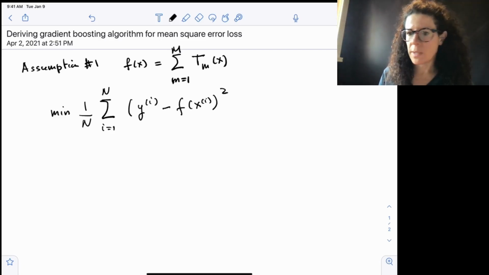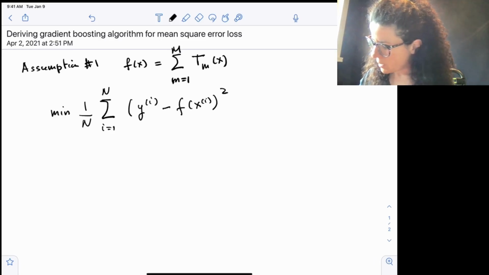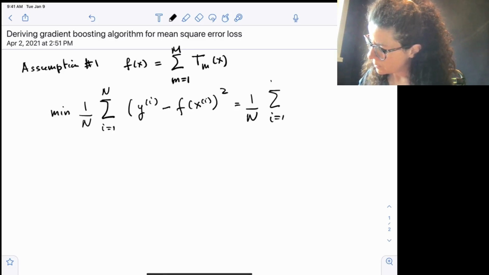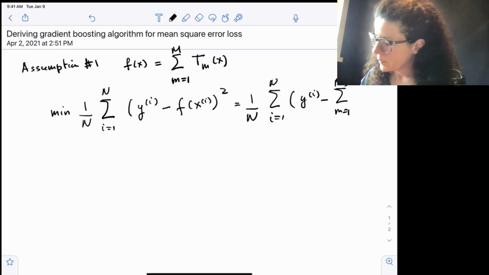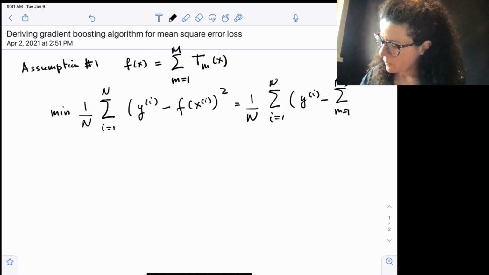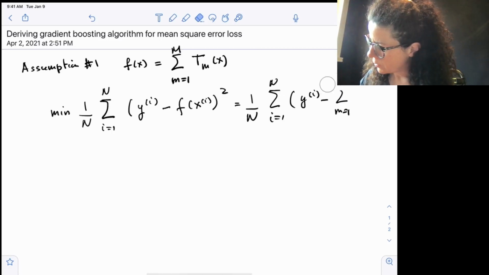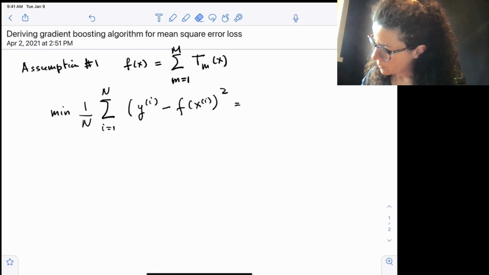So that's what we're trying to minimize. And since we have some assumptions here, this is equal to the sum of m equals 1 to capital M. Let me actually write this down here.